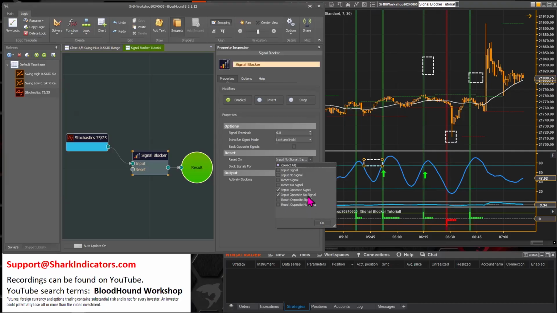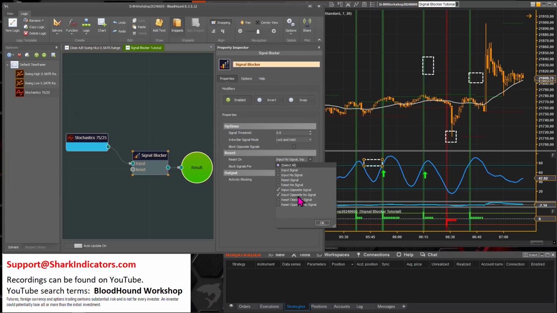Every possible combination here is available to you to reset the signal blocker, because you never know what conditions traders will come up with that they might need to turn the signal blocker off.